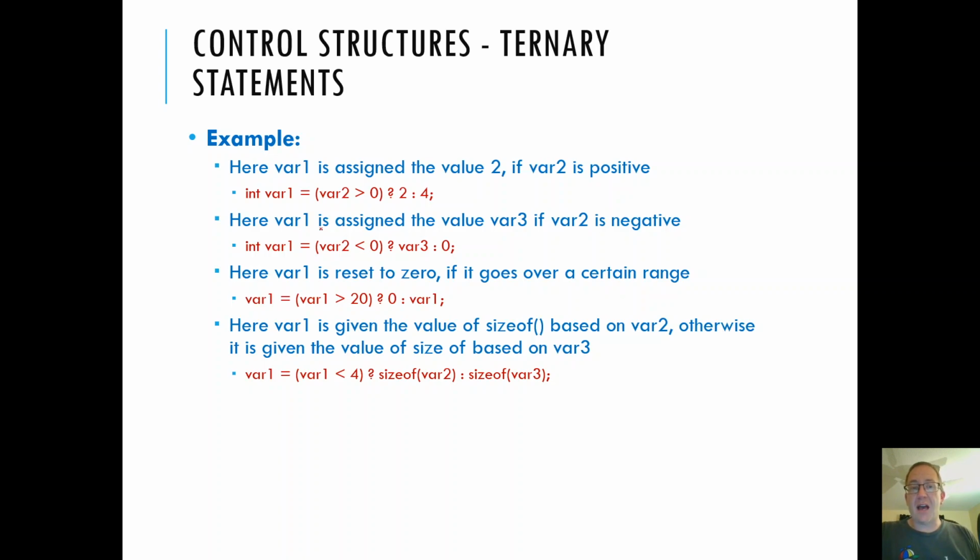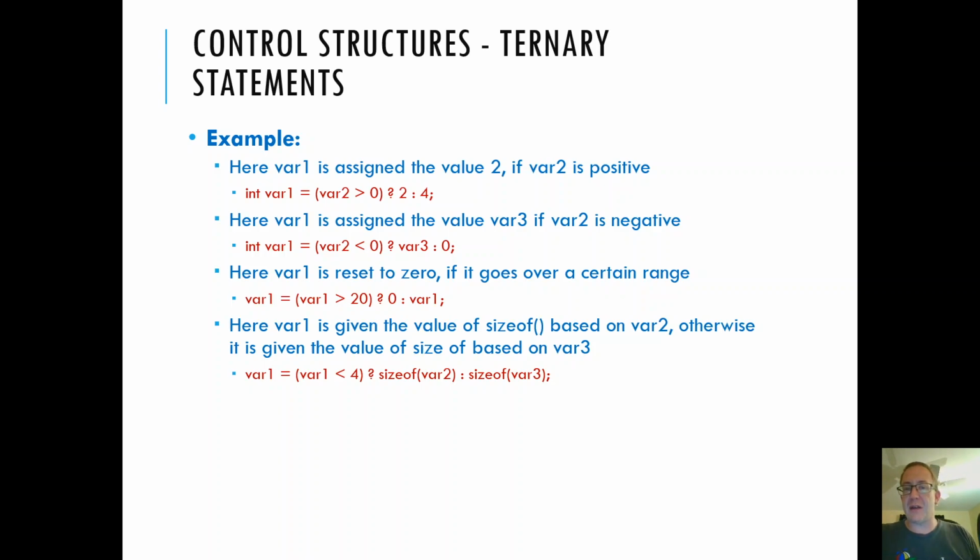In this case, I have var1 assigned the value of var3 if var2 is negative. So let's say you need to have a positive value, well, var2 is not positive, so therefore I'm going to set var1 equal to var3. Otherwise, I'm going to set var1 to equal 0, or whatever the case is. The absolute value is one of those classic examples of how you can do it with a ternary expression.